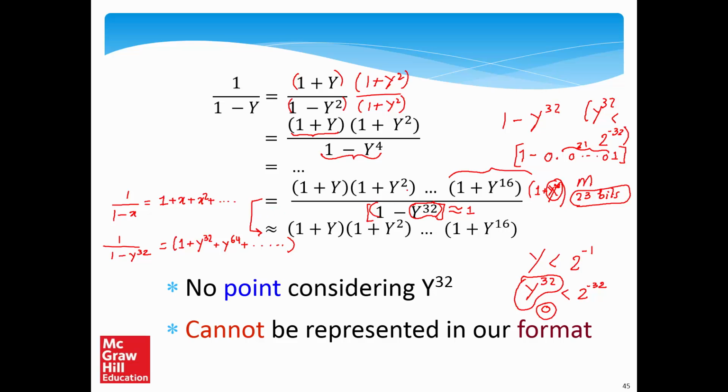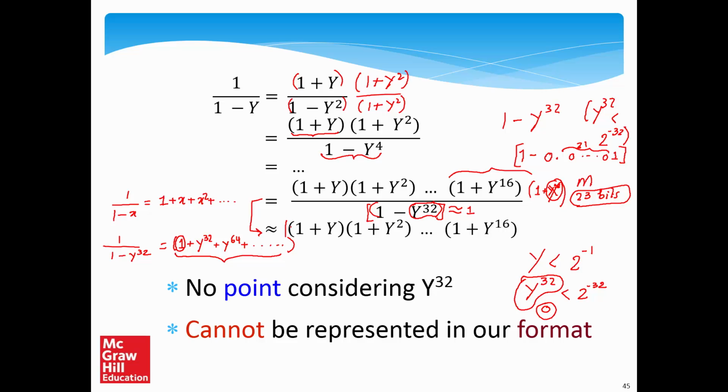If I expand the denominator using this particular series expansion, the 1 will get multiplied with the numerator, but if any of the other terms get multiplied with the numerator, there will be no way of representing the product, because all of those numbers will be less than 2 to the power minus 32, given that y is less than half, and they cannot be represented. So since they cannot be represented, they'll have to be ignored, and that is why we ignore the denominator.